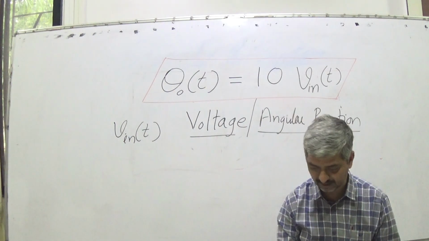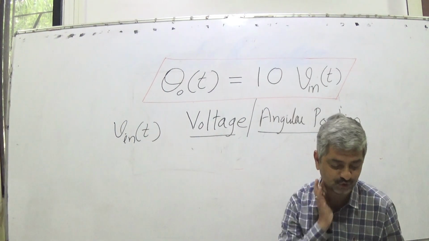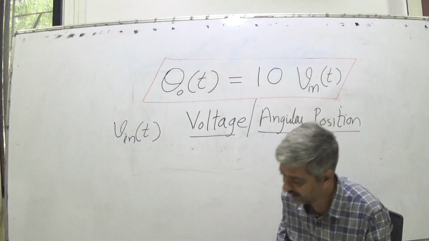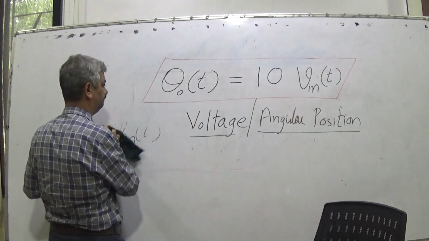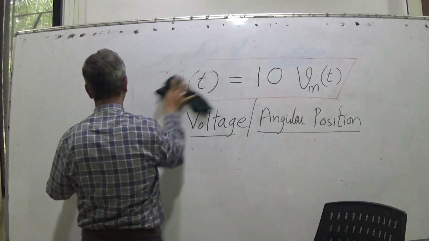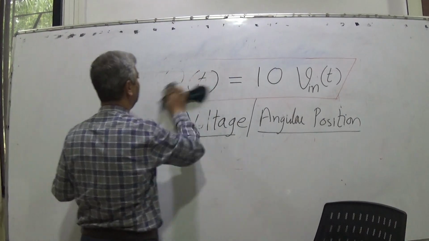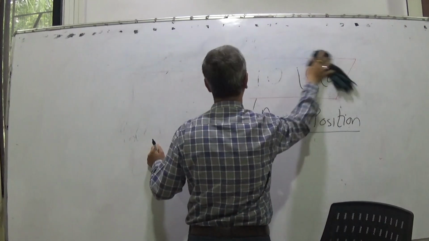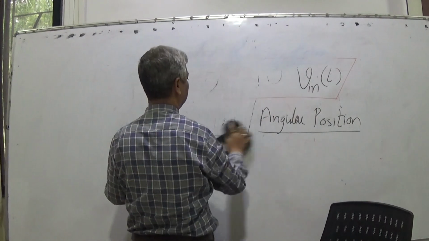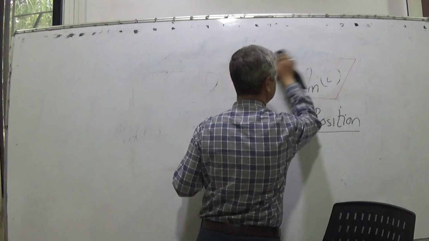Suppose you have a potentiometer. Potentiometer or variable resistance concept you know.